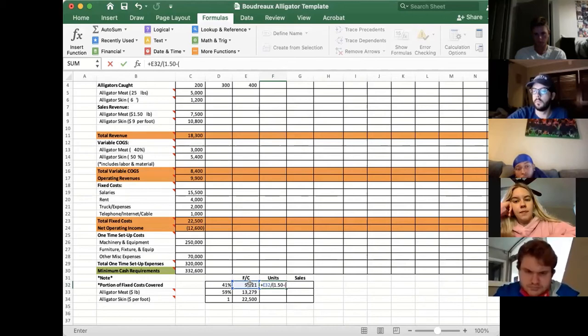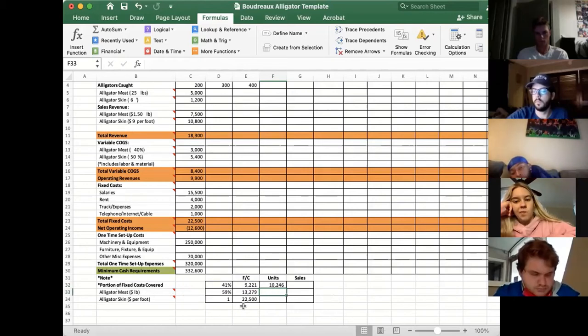Now, the variable cost is $1.50 times 40%. So we know we need 10,246 units to get to break even.